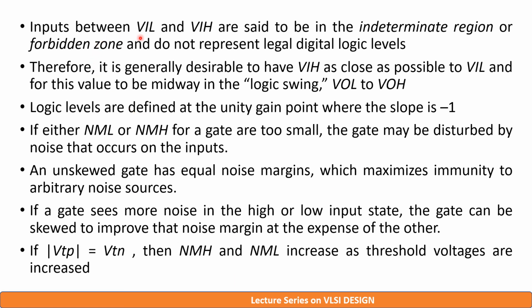Inputs between VIL and VIH are said to be in the intermediate region or forbidden zone; they do not represent any legal digital values. Therefore, it is required to have VIH as close as possible to VIL.